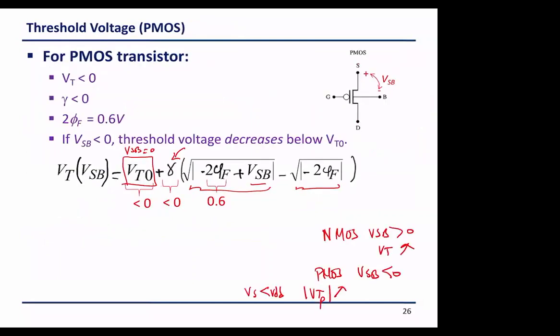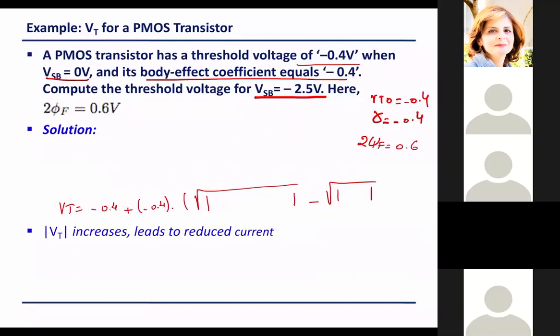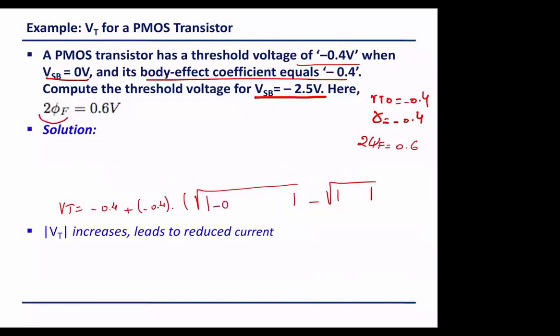If we go back to the equation, this is minus 2 phi f plus VSB. 2 phi f is 0.6, so minus 2 phi f is minus 0.6, and VSB is minus 2.5.